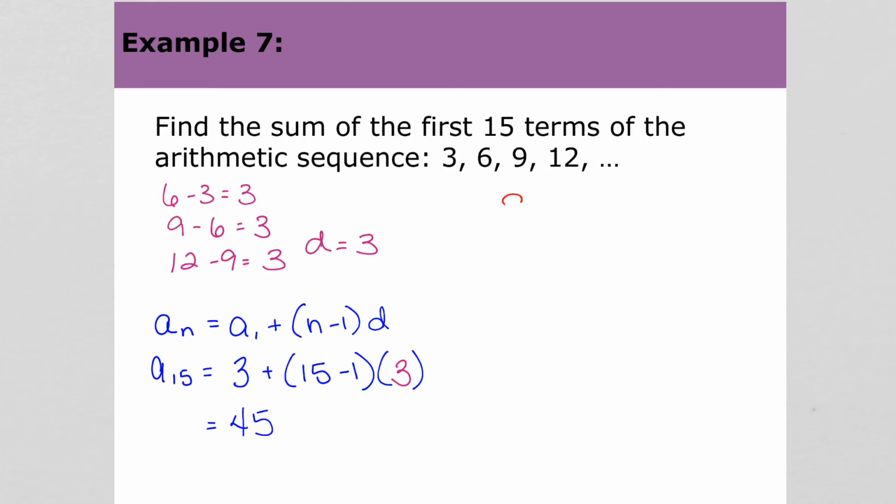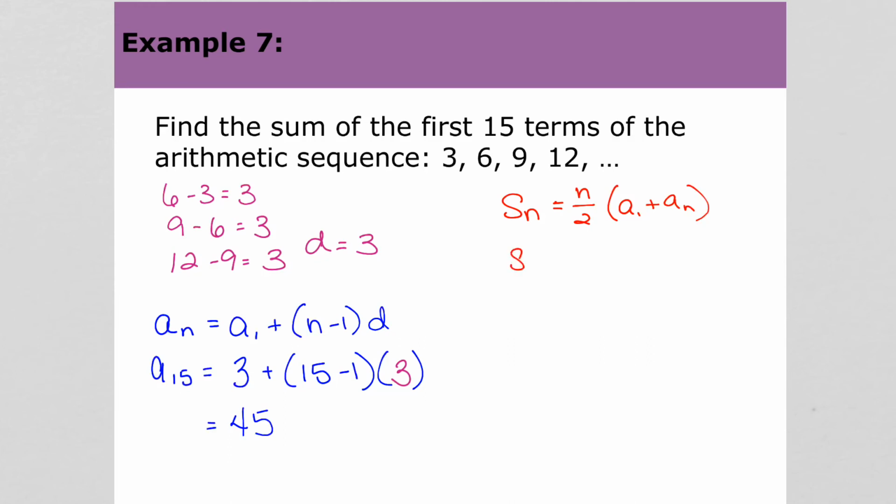So we want to know the sum of the first 15. Let's write down the general formula first. S sub n is equal to n over 2 times a sub 1 plus a sub n.